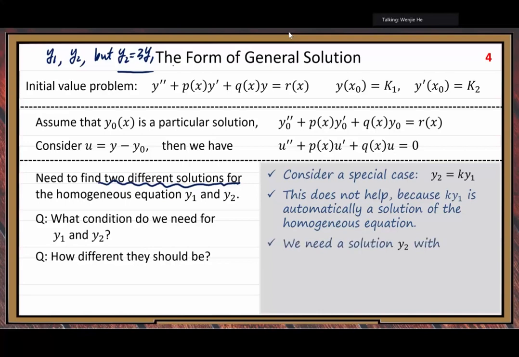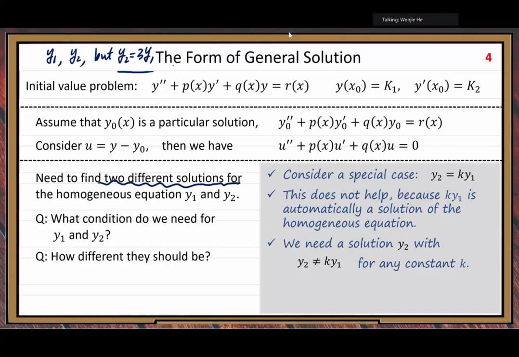Now, we need a solution y2 with y2 not equal to any k multiple of y1. We do not allow y2 equals k multiple of y1.